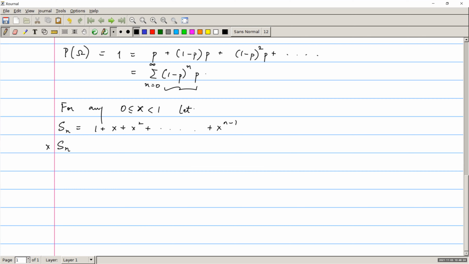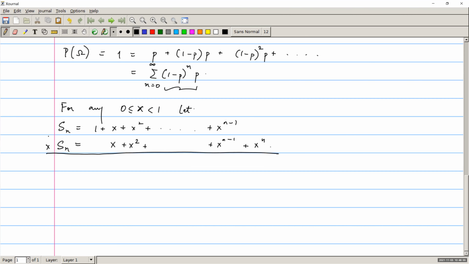Multiply Sn by x. If you multiply Sn by x, what do you get? x plus x squared plus x cubed all the way up to x to the n. Right, if you multiply by x, this is what you get. For the n terms, they just get shifted by 1. Subtract these two together.